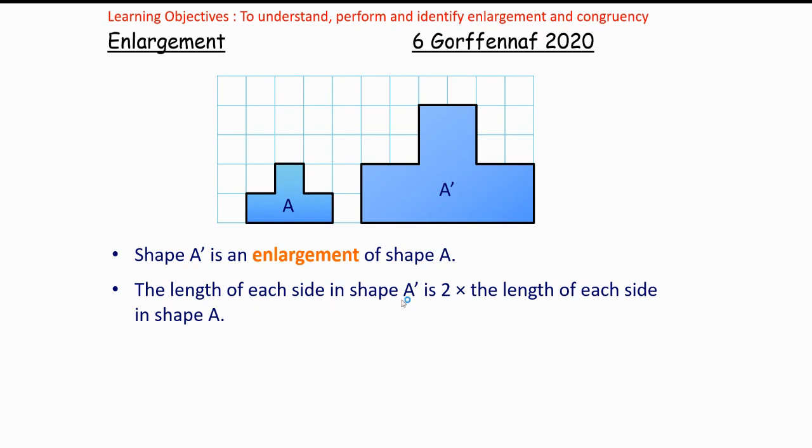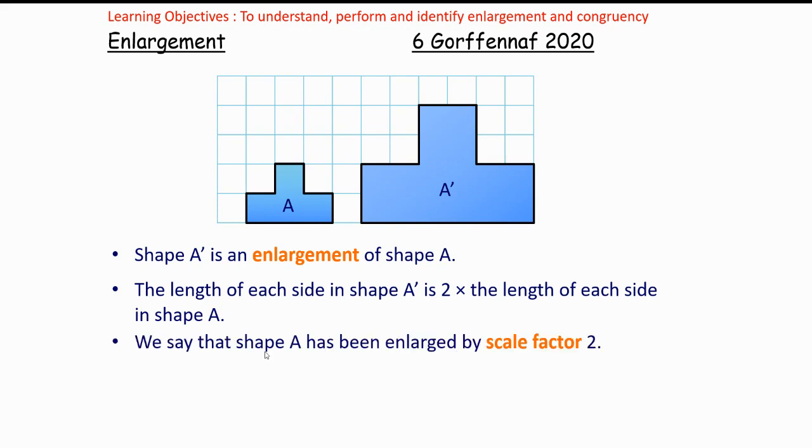The length of each side in shape A dash is 2 times the length of each side in shape A. So like I said before, this is 2, but this is only 1. This is 3, this is 6. We say that shape A has been enlarged by scale factor 2. So how many times bigger each side is, we call the scale factor. So pause the video now if you want to make some notes on that, and then when you unpause it, I'll move on to the next little task.